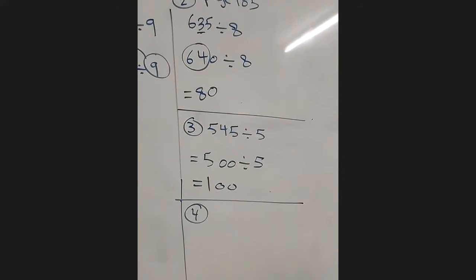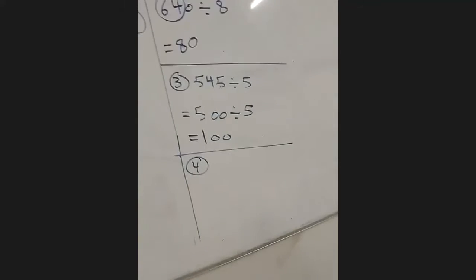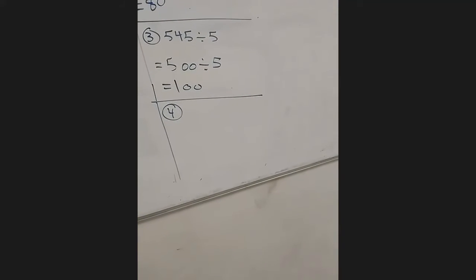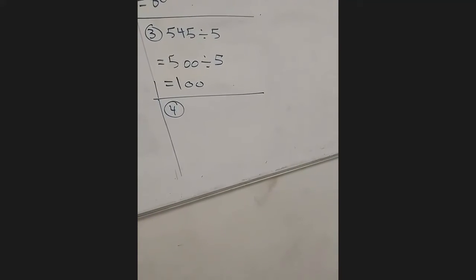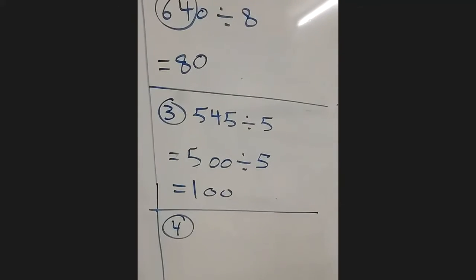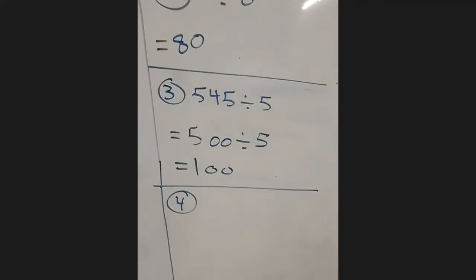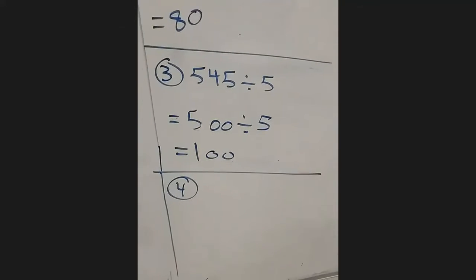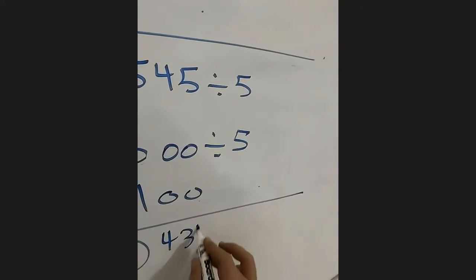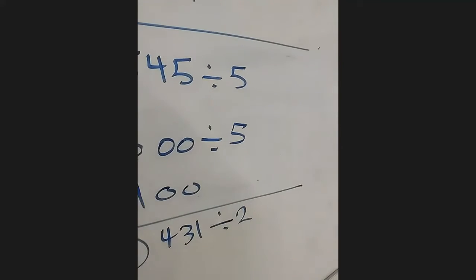What do we have in question 4? 431 divided by 2, not divided to, okay? Yes, 431 divided by 2.